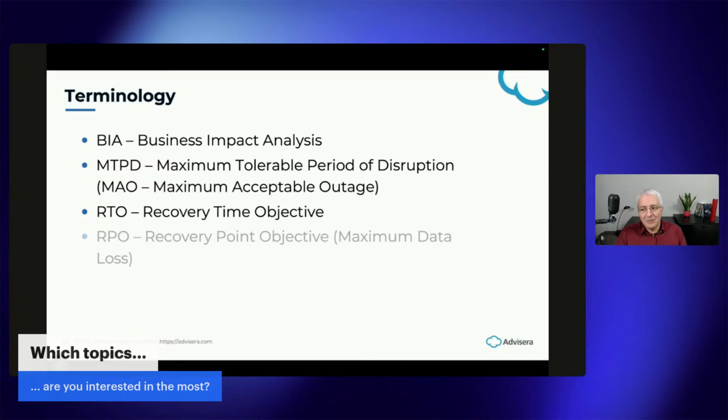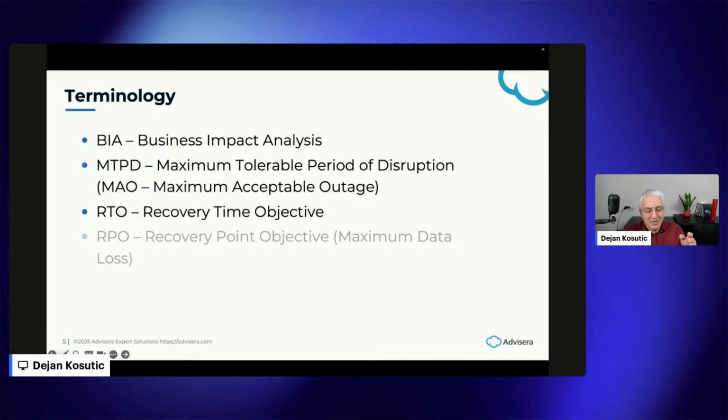Now, as opposed to MTPD, there is also this RTO. RTO is not the first, but the second conclusion. You calculate the RTO, recovery time objective, based on the MTPD. So first you have to calculate the MTPD, then you have to summarize the results of all the MTPDs for all the activities or all the departments in a company.